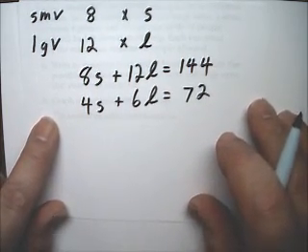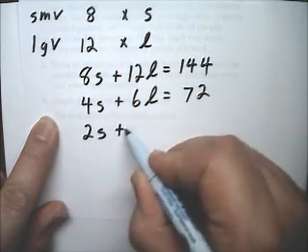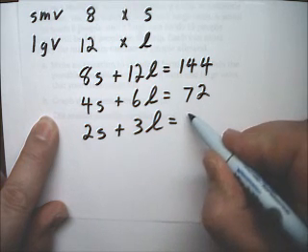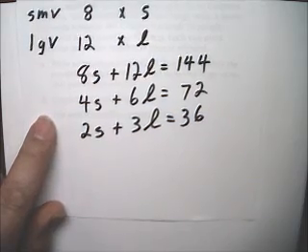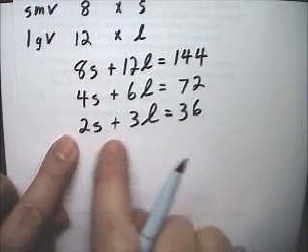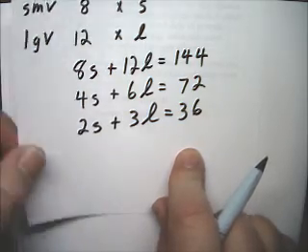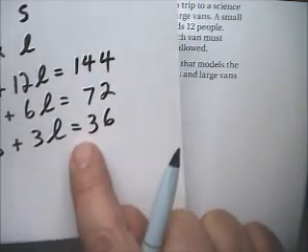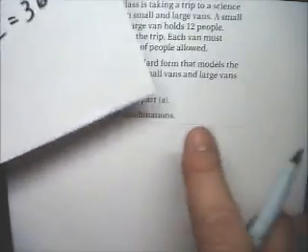And now I'm going to do that again. 2S plus 3L equals 36. It's just easier to work with this equation than that equation. And so that's my equation in standard form. I'd say the last one there is the best one.